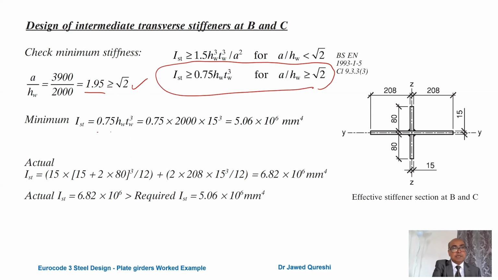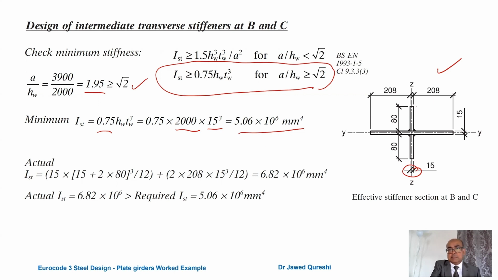Minimum second moment of area is 0.75 HW cubed TW cubed, where HW is 2000 and TW is 15. From here, we get 5.06 times 10 raised to 6 millimeter power 4. Actual IST, or second moment of area of the transverse stiffener, comes from here. So first we have the stiffener, where B is equal to 15.